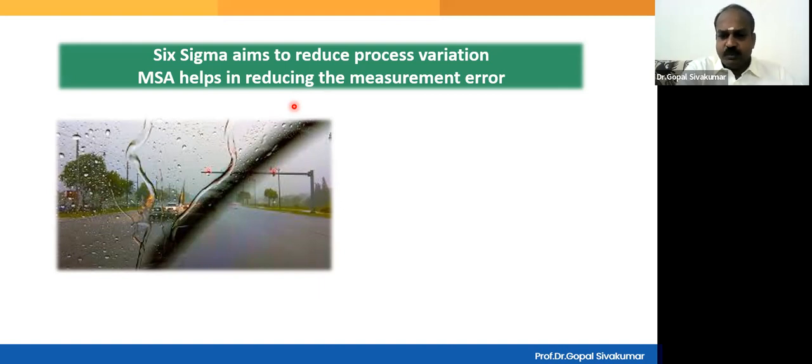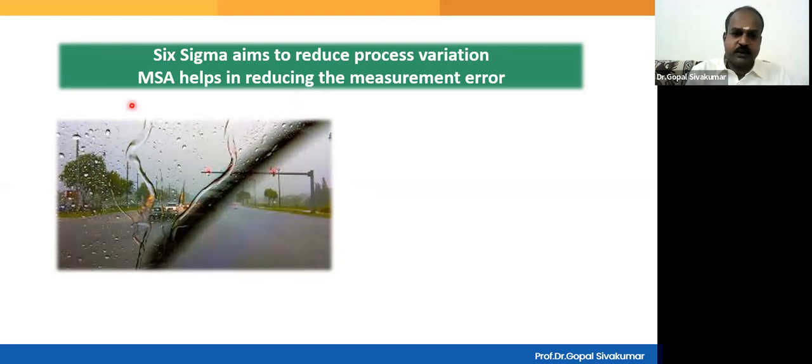So measurement system analysis will help you to minimize or reduce the measurement error. Thereby your data becomes credible, because we can see the problem only through data, and so it's very important we collect data without error.